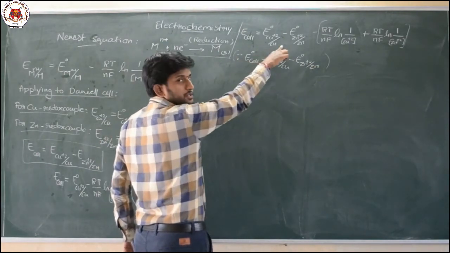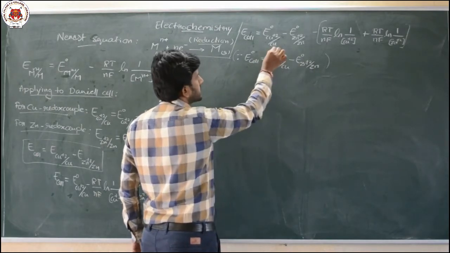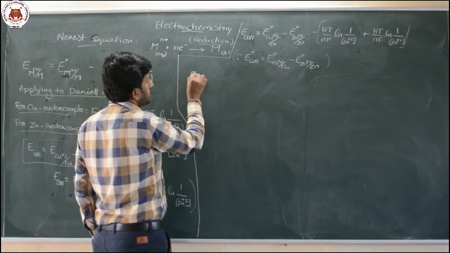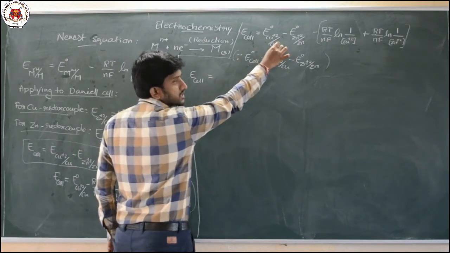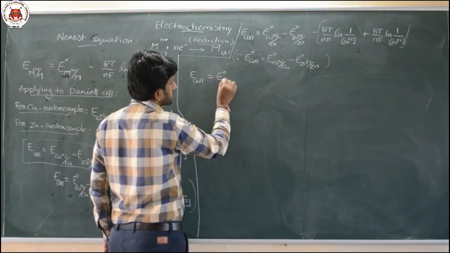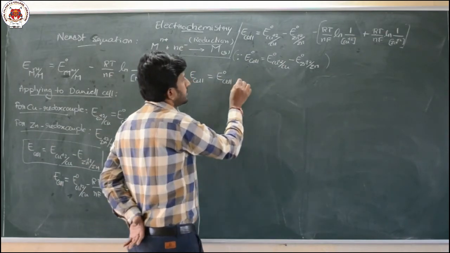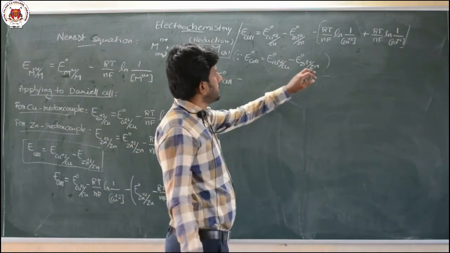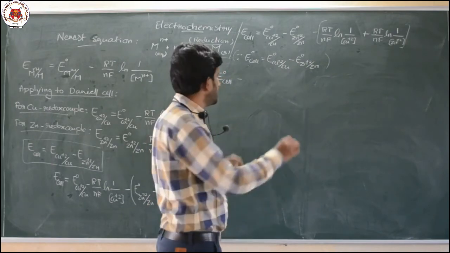This term we are substituting here, in place of this we substitute E naught cell. Now what you will get: E cell is equal to E naught cell minus, now you see, here RT by nF you can take common, right.